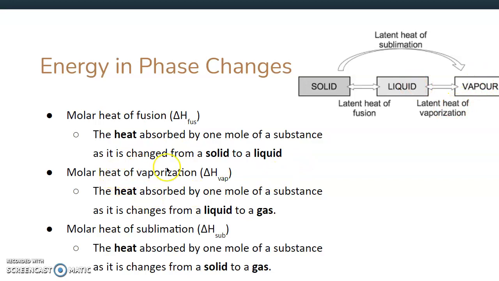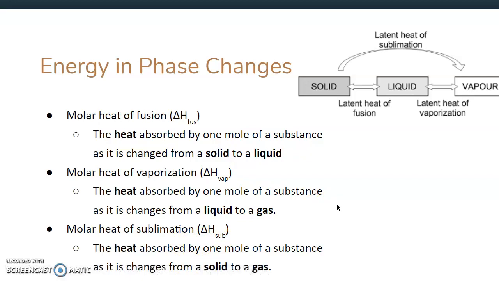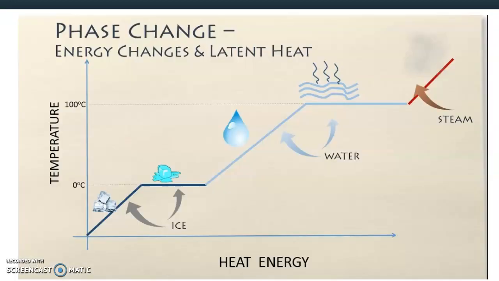So our molar heat of vaporization is the heat absorbed by 1 mole of a substance as it changes from a liquid to a gas. And then sublimation is going from solid to a gas or a vapor. So it's the heat absorbed by 1 mole of a substance as it goes from a solid to a gas.